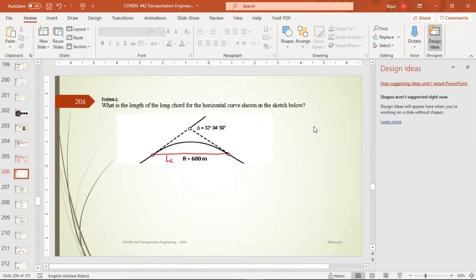Let's do all the calculations that we need here. Let's go, that's the L of the curve, and let's see the tangent. So the tangent of this curve, how much, let's just draw this here.